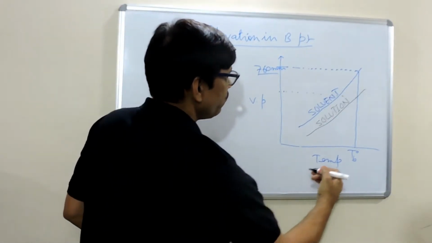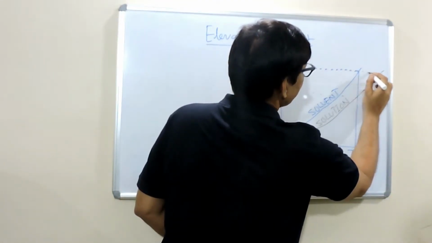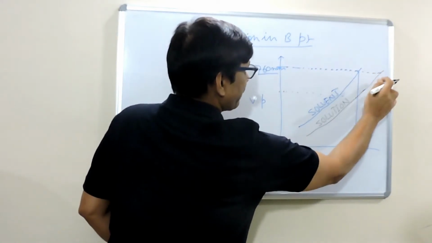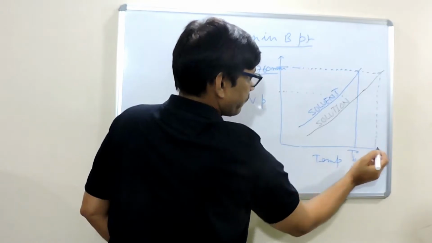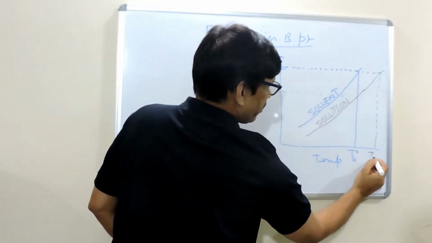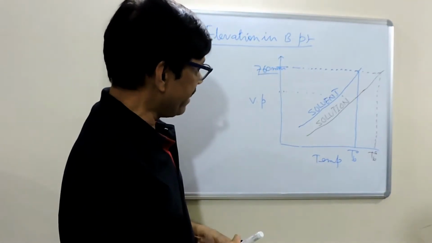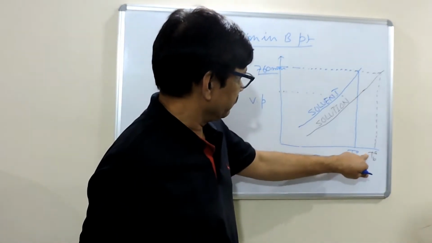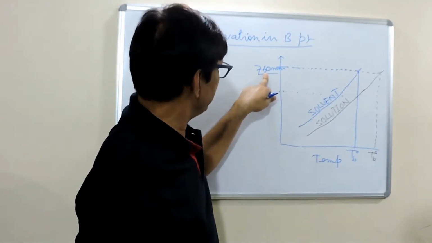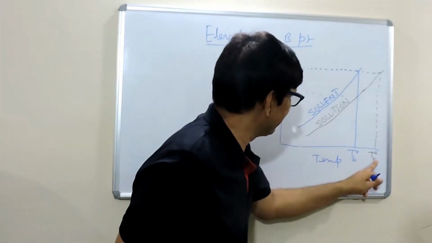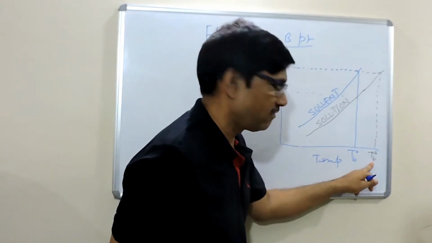So we have to heat it further. If we heat it further, at this point, the vapor pressure of this solution at this temperature, let us call it TBS. So what you find here is for solution, the vapor pressure becomes 760 mm of Hg at this temperature, which is much higher than the boiling point of pure solvent.